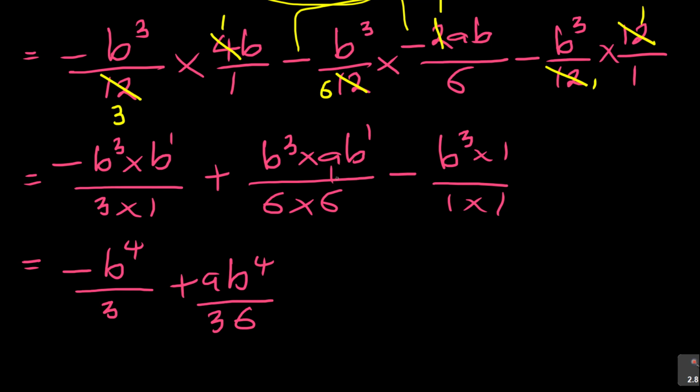So you start with a, but this part is same as that. You see, b cubed times b is b to the power of what? Of 4. Then minus, again come here, b times 1 is b cubed over 1. So you can leave it like that, minus b cubed. That becomes your answer. Difficult? Not really, but I hope it does make sense.